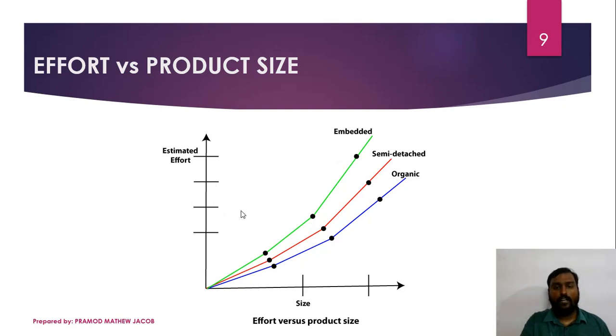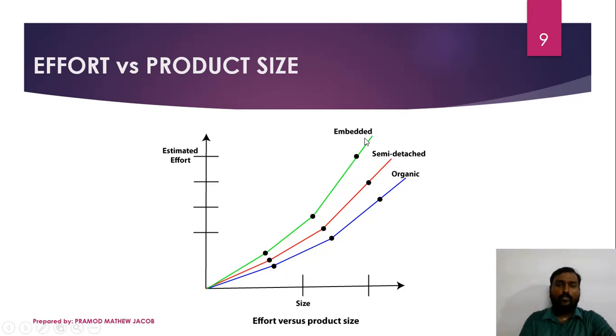Next, we are going to learn about the relationship between effort and product size. This is a graph which shows the relationship between effort and product size. From this graph, it is very clear that as the size increases, the effort for development also increases.